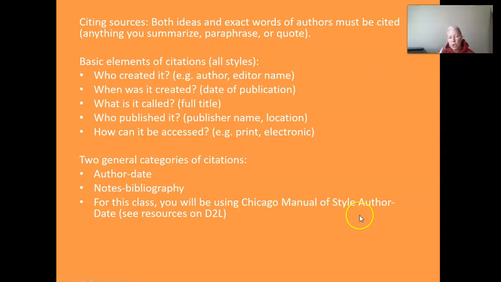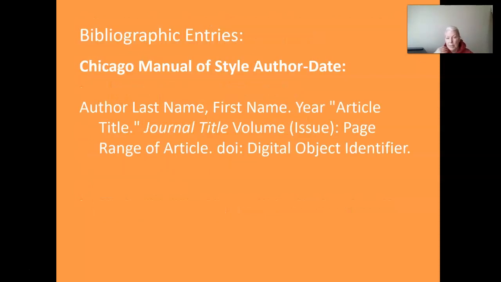So you are going to use the Chicago Manual of Style author date format to organize these elements into a particular format, right? So, author last name, comma, author first name, period, date, etc. Okay? It looks like this. This is how a bibliographic entry, or the references cited at the end of a paper, looks in Chicago Manual of Style author date format, right?